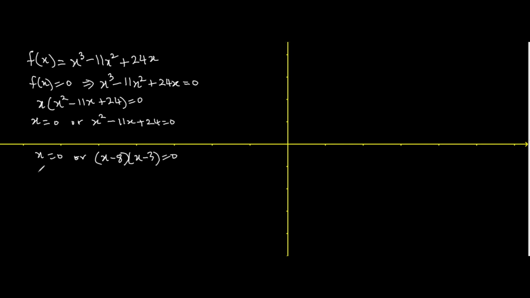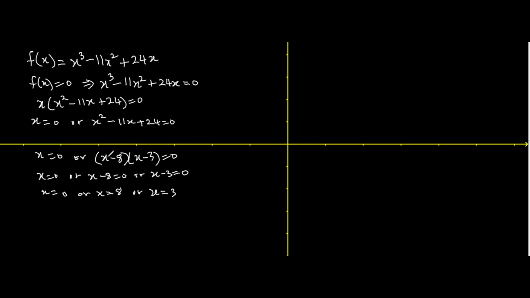So here, when we solve each of these, we will get s equals 0, or solving this, we have s minus 8 equals 0, or here we have s minus 3 equals 0. And then this will further give us s equals 0, or s equals 8, or s equals 3, okay? So now, these are the 3 points on the x-axis where this curve is going to pass through.